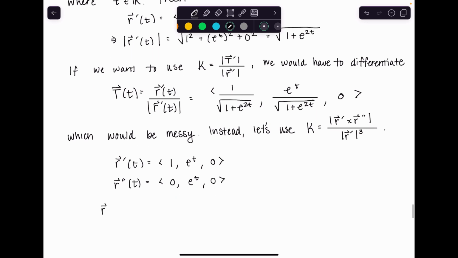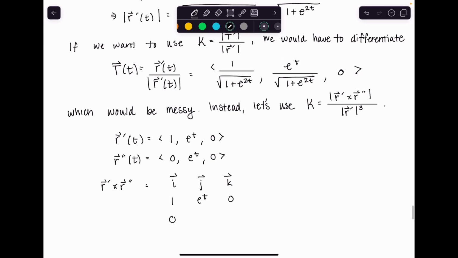So taking the cross product of these two, we do our I, J, K, 1 e to the t 0, 0 e to the t 0, and find the determinant of this matrix.